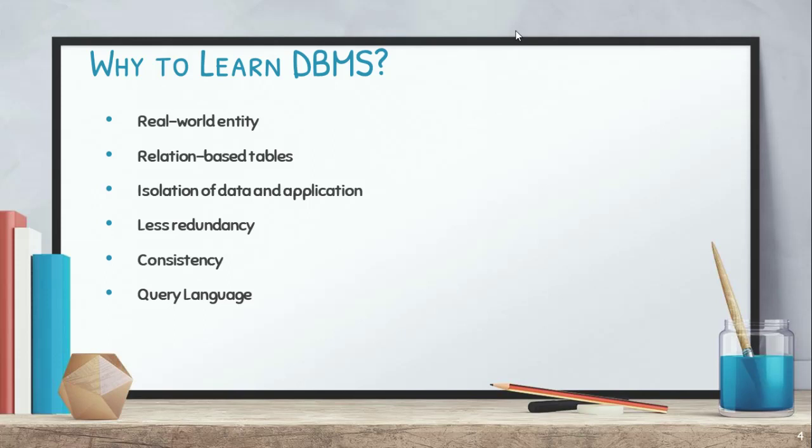Query language. The DBMS is equipped with a query language, which makes it more efficient to retrieve and manipulate the data. A user can apply as many and as different filtering options as required to retrieve the set of data. Traditionally, it was not possible where a file processing system was used.